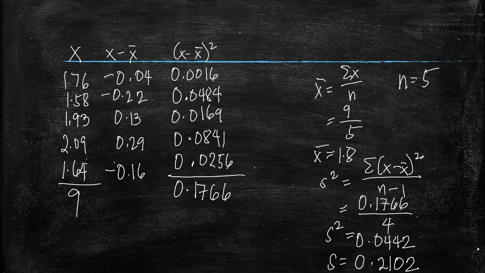Yung iba kasi in-square root yun. Putulin nyo muna siya bago nyo square root para to find the standard deviation. Pero pwede rin namang hindi nyo putulin. Okay lang naman, kasi maliit lang yung difference niya. Kino-consider naman natin yun.